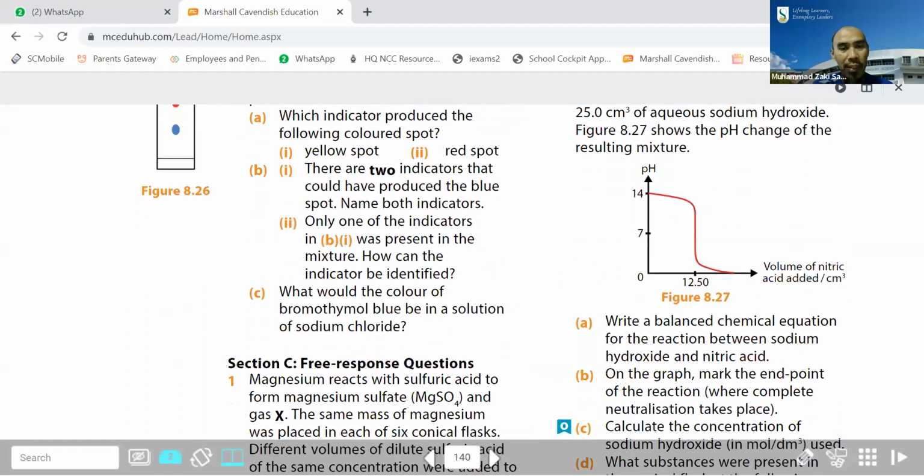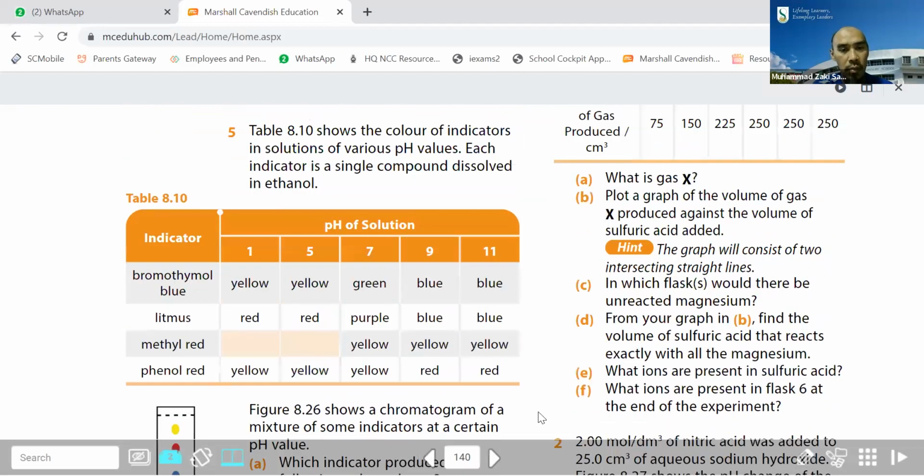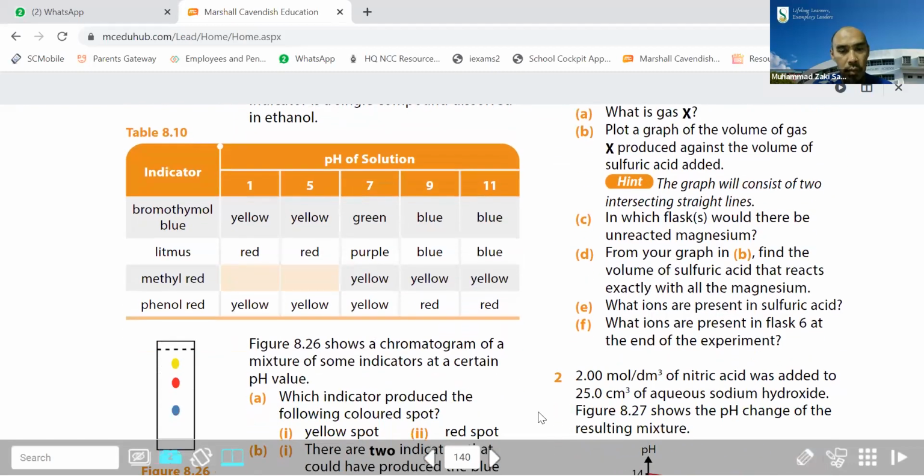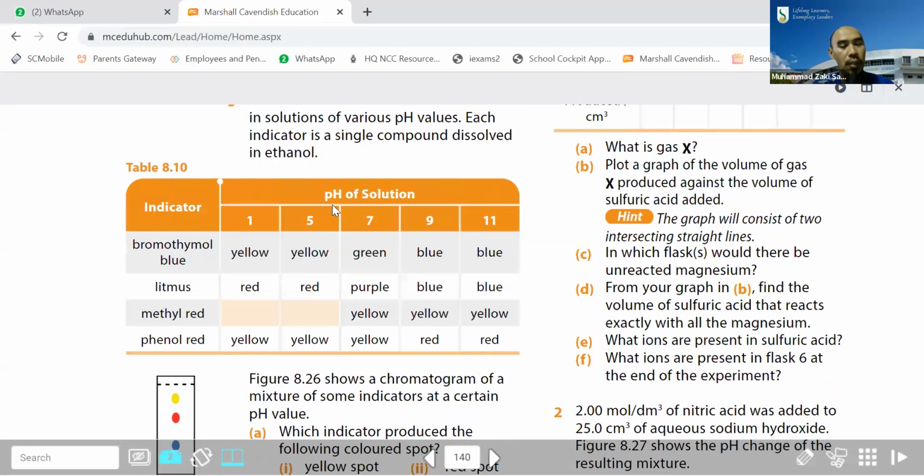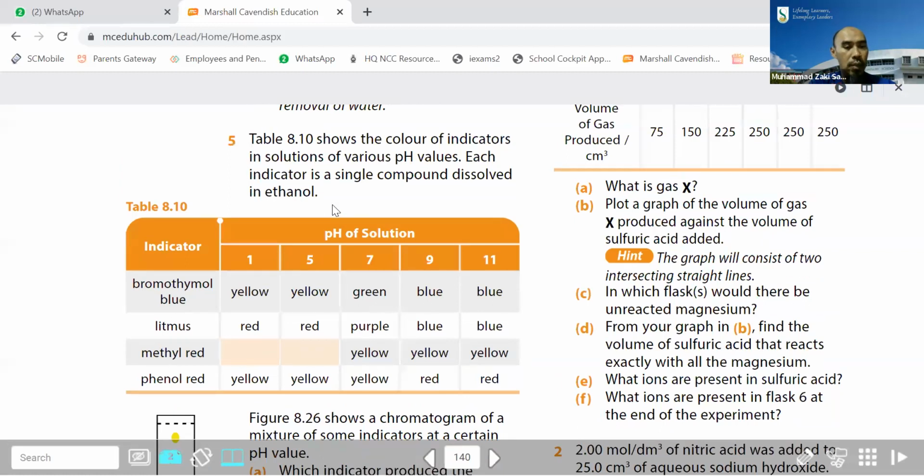So all these compounds dissolve in ethanol.